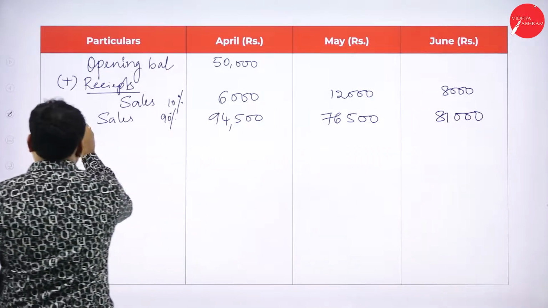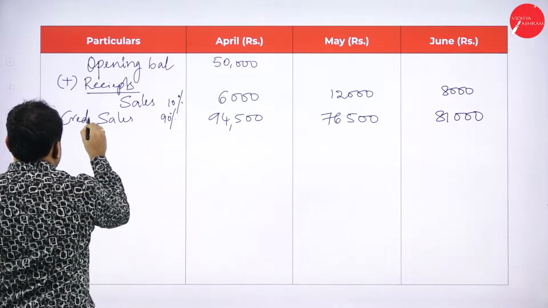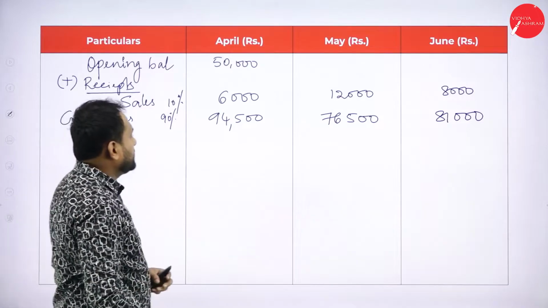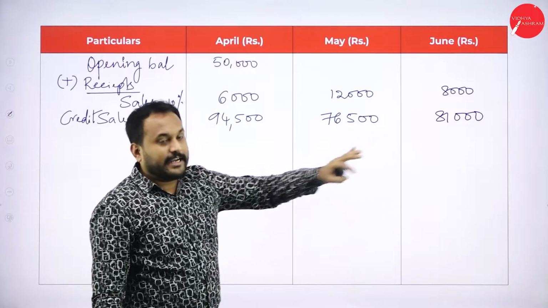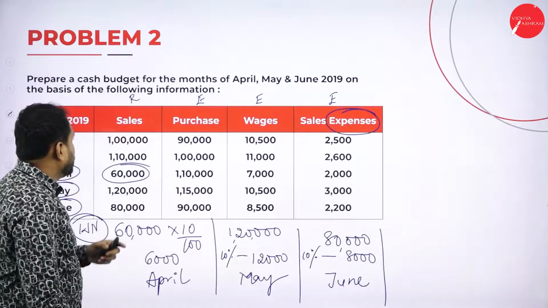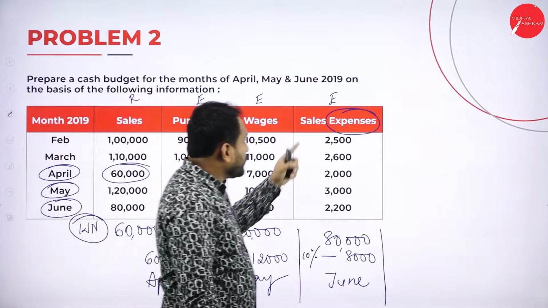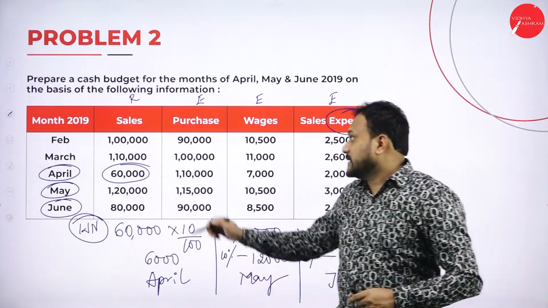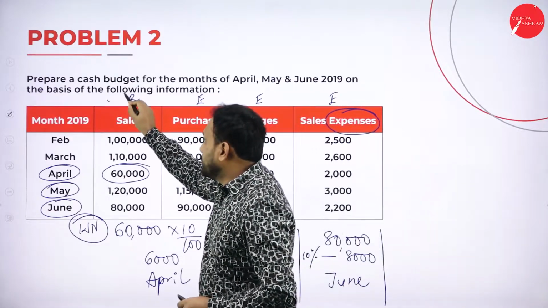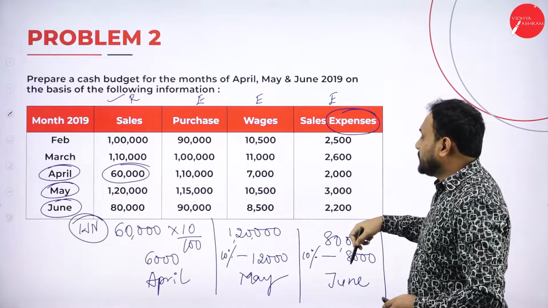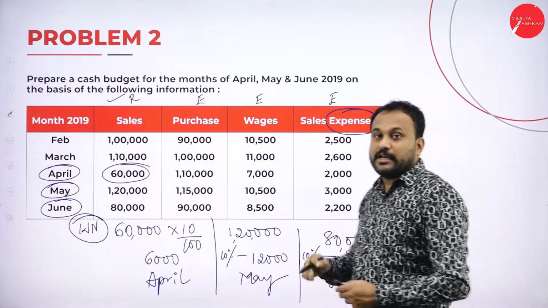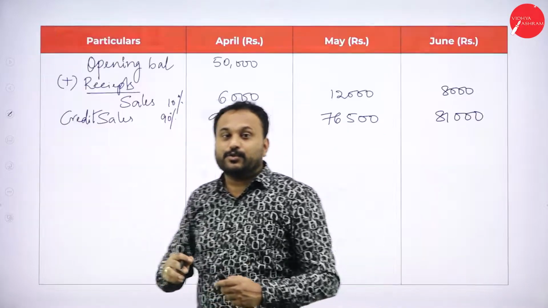This is credit sales, that is 90%, 94,500, 76,500, 81,000, done. Next here we need to understand that though we have done all this, sales we have taken, so this is done, tick mark. Now purchases, wages and sales expenses, everything is coming, the expenses. So we need to continue with the question.